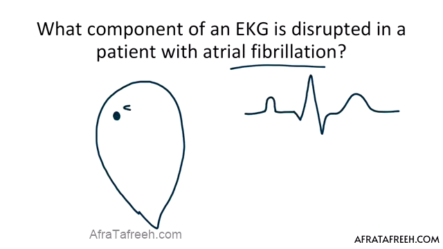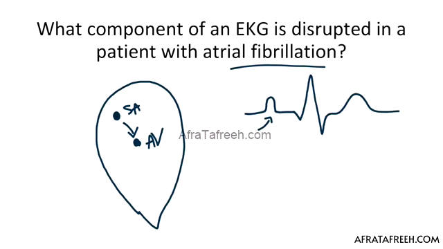The SA node normally sends a signal to the AV node and causes the atria to depolarize. When the atria depolarize, we can see the normal P wave on the EKG. In atrial fibrillation, abnormal electrical signals disrupt the SA node, and electrical remodeling begins to occur.